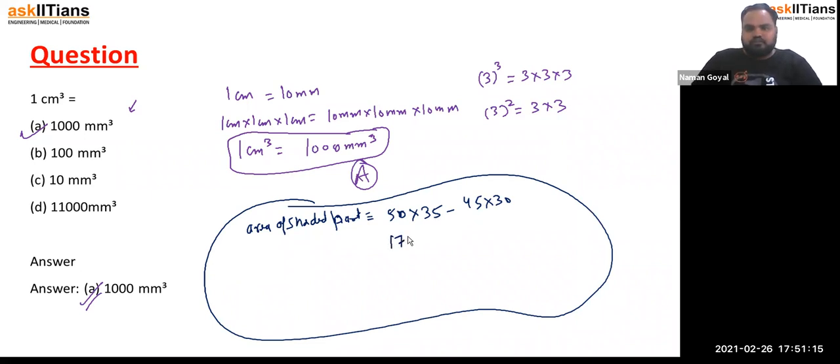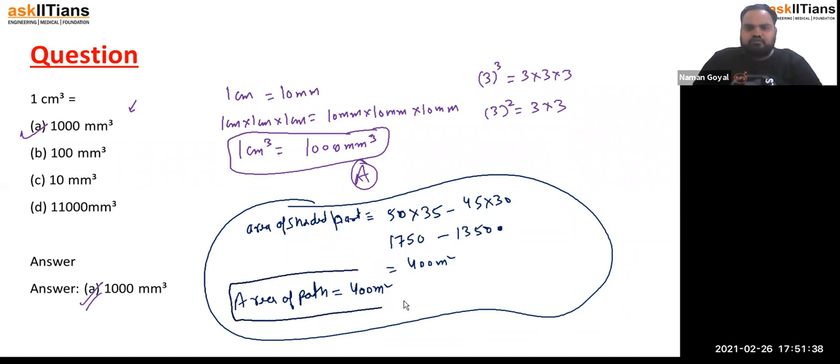So it will be 1750 minus 45 into 30, which is 1350. So if you see, it will become 400 meter square. So area of path is equal to 400 meter square. Are you getting my point? So this is the answer for our required question.